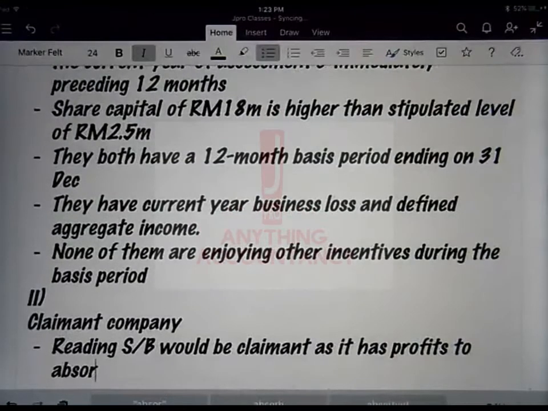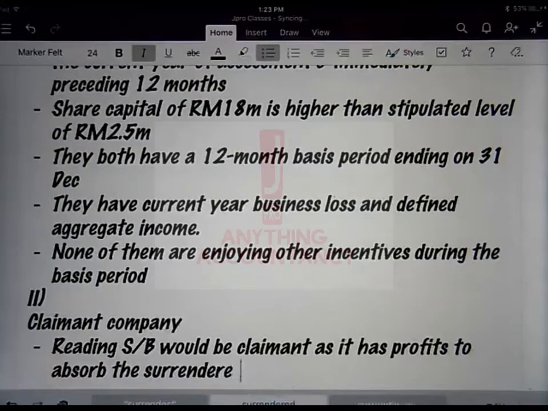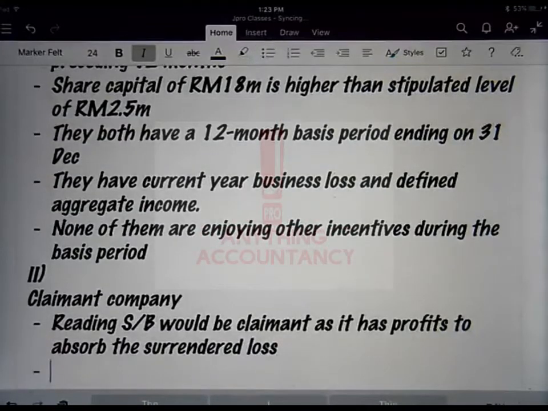It has profits to absorb. Does that make sense? Follow?